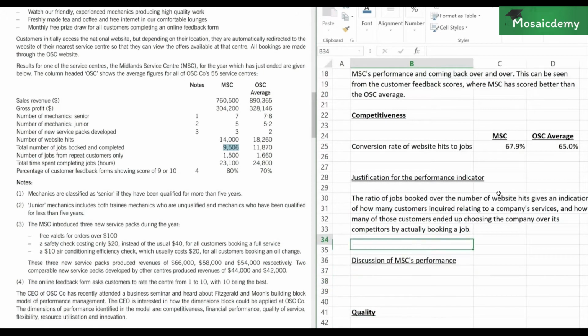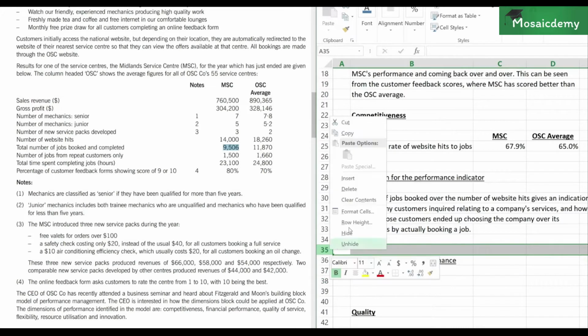Again, they have a higher conversion rate, so that's good, but let's talk about that. What could be a reason for that? Once again, we can talk about the quality of the feedback.